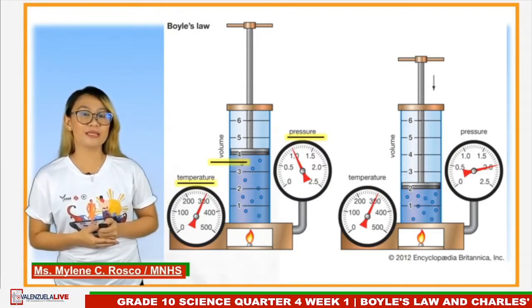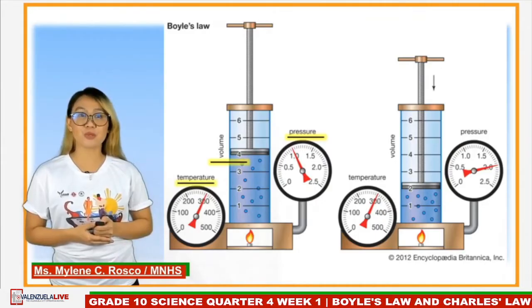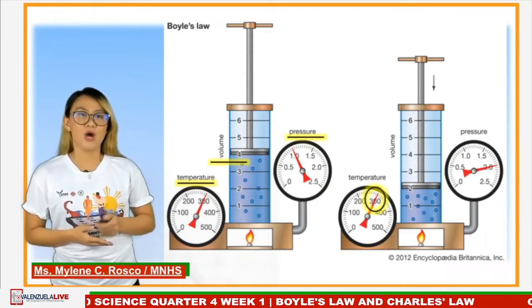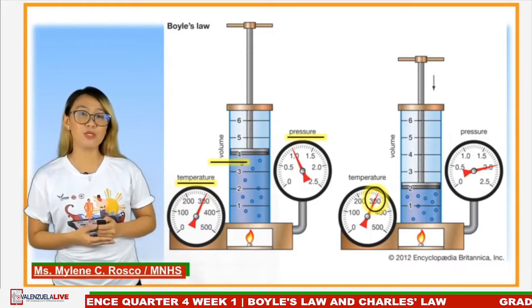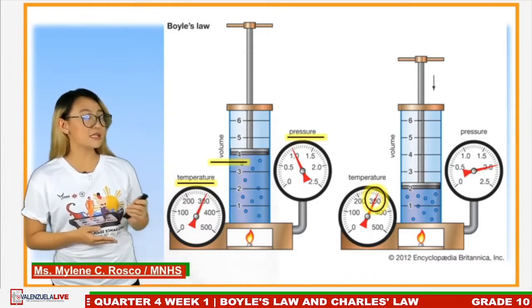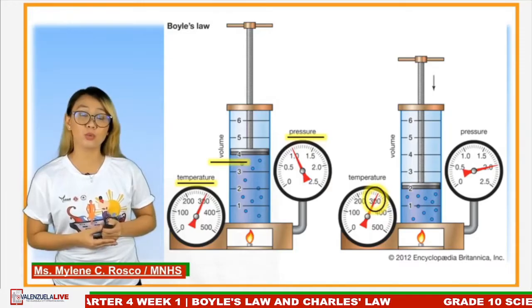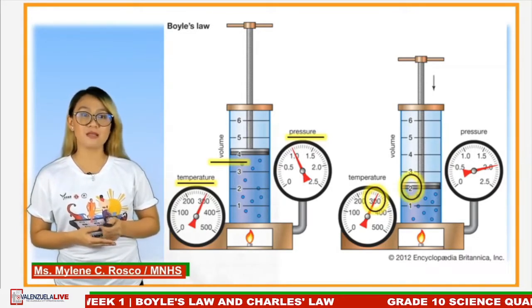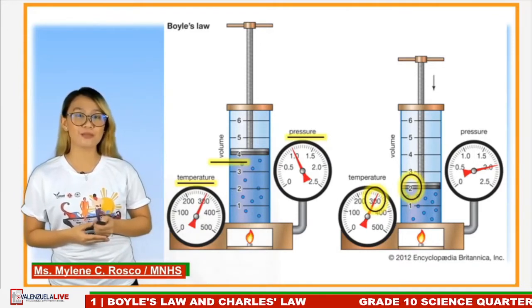Take note, the mass and the temperature of the gas was kept constant. Observe that when the volume of the gas inside the container was decreased to 2 ml, the pressure of the gas increased to 2 atmospheres.